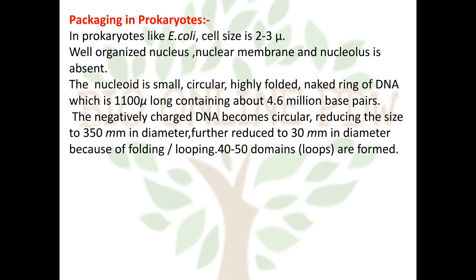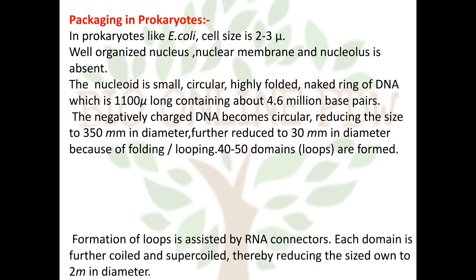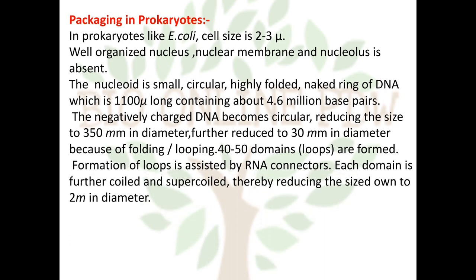The negatively charged DNA becomes circular, reducing the size to 350 microns in diameter. It is further reduced to 30 microns in diameter. Because of the folding or looping, 40 to 50 domains or loops are formed. Formation of loops is assisted by RNA connectors.